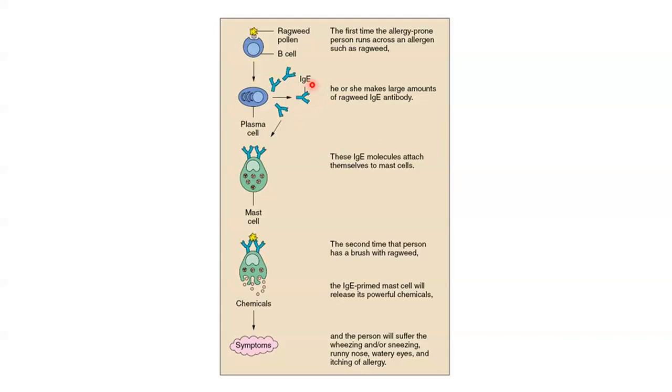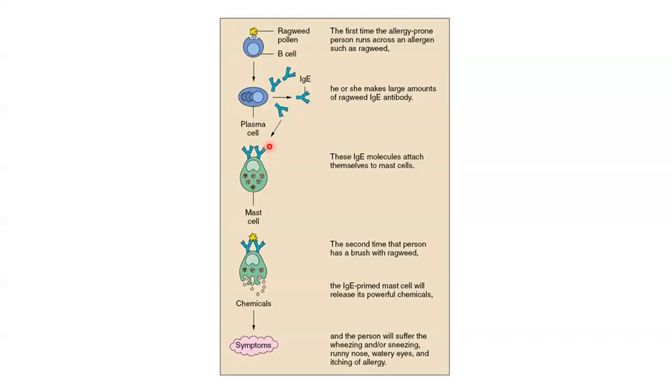Antibodies are Y-shaped proteins that are made specifically in response to a particular allergen or a particular pathogen. How they work is that they will recognize that allergen or the pathogen when it enters the body. It will stick to that allergen and it helps the body with its immune response. So the first time a person comes into contact with an allergen, it creates these antibodies for that particular allergen, so for this ragweed pollen.